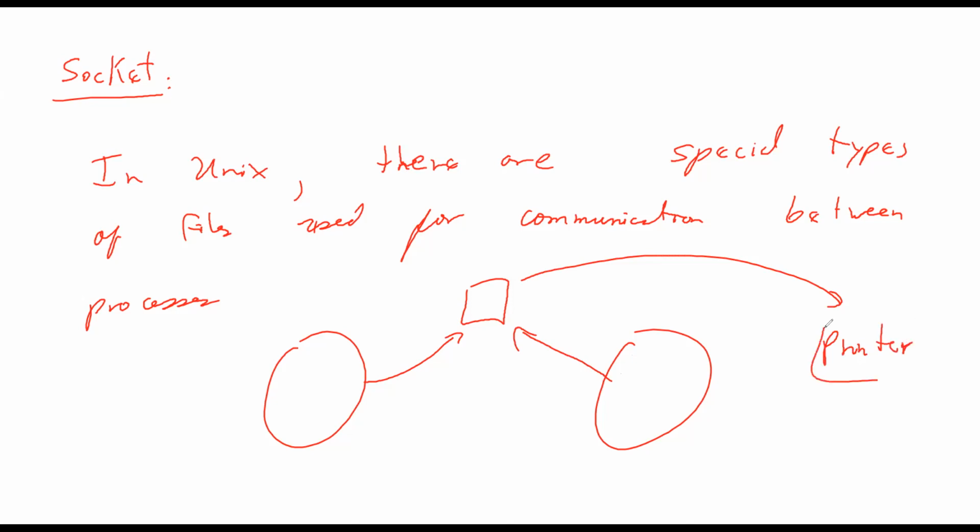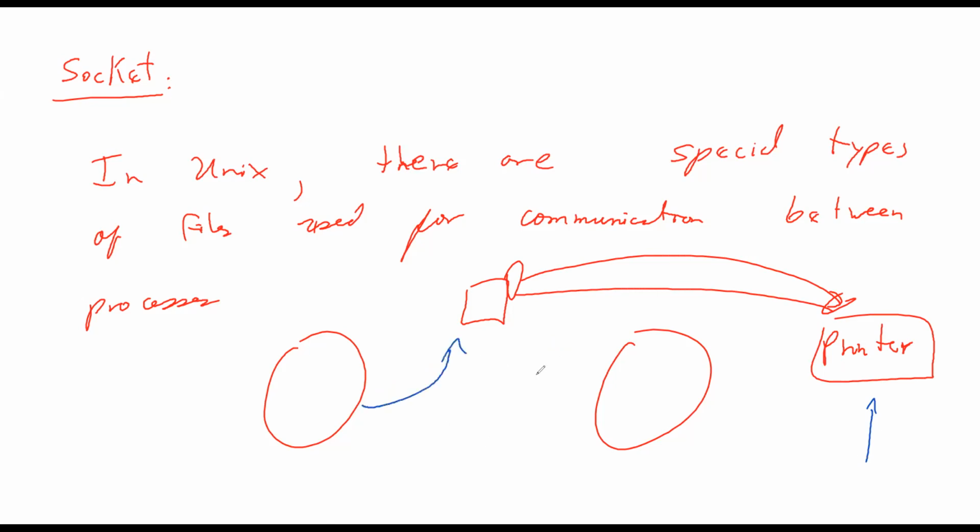The idea is they're really just endpoints, like an established tunnel between them. And whenever you want to send a file to that object, you can do so by contacting the socket, which by definition is a special type of file used for communication between processes, okay?